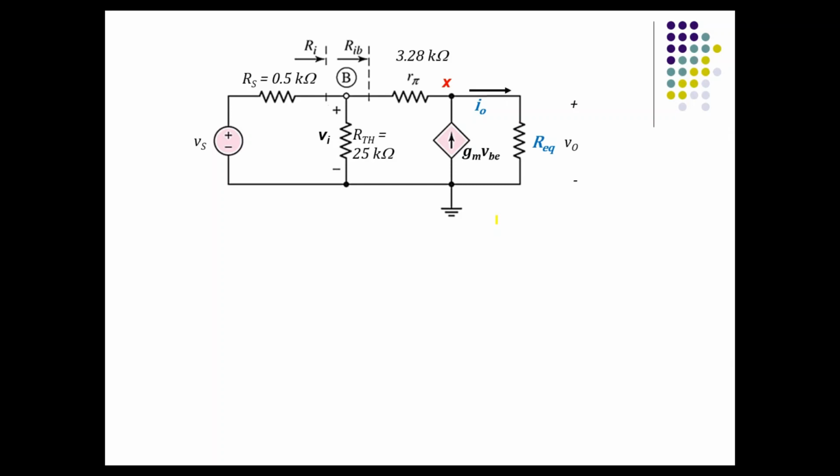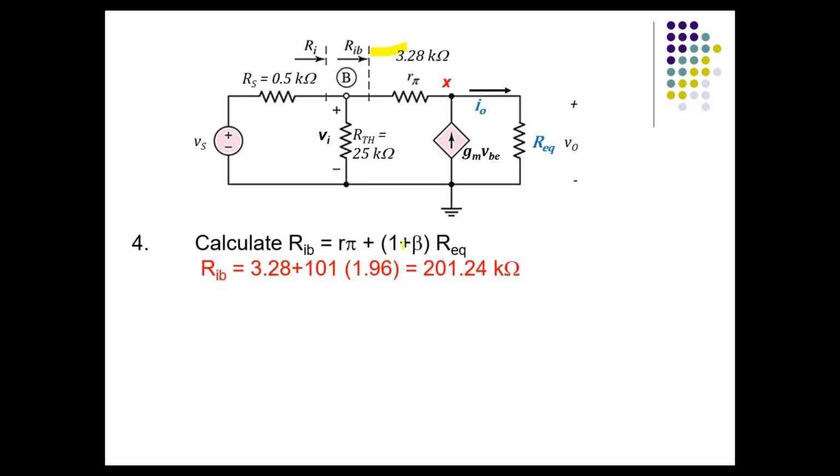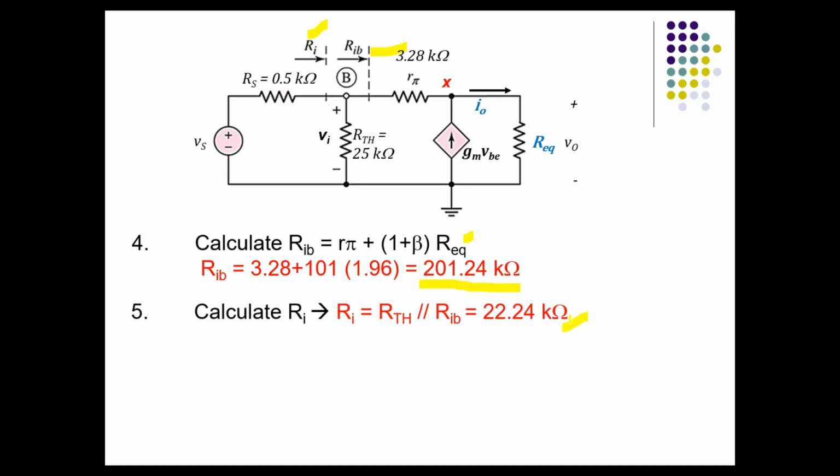Now for the input side, you need to calculate RIB. RIB is equivalent to R pi plus 1 plus beta multiplied with R equivalent, and I have obtained this total resistance. Next is the calculation of input resistance Ri, which is equivalent to RIB in parallel with RTH. So that's what I have obtained.